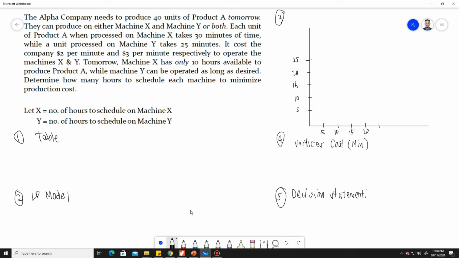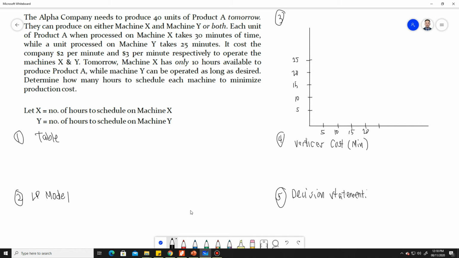It costs the company $2 per minute and $3 per minute respectively to operate the machines X and Y tomorrow. Machine X has only 10 hours available to produce product A, while machine Y can be operated as long as desired. Determine how many hours to schedule each machine to minimize the production cost.